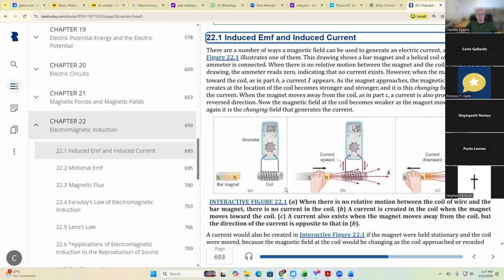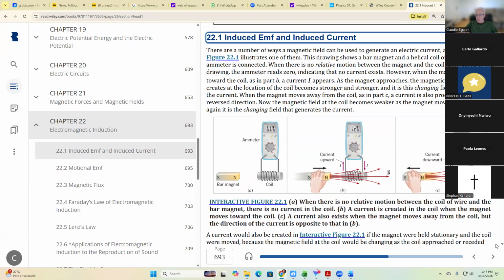This coil has no battery whatsoever. When we move a bar magnet toward it and back and forth, we are changing the magnetic flux inside this coil. We end up inducing a current, okay? Either a positive current or a negative current, either the current flowing one direction or the other direction.